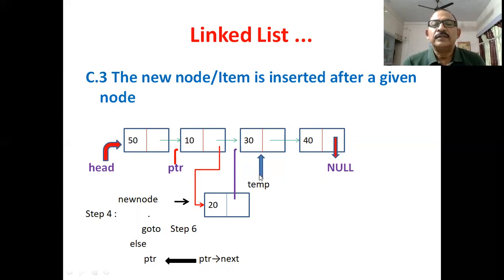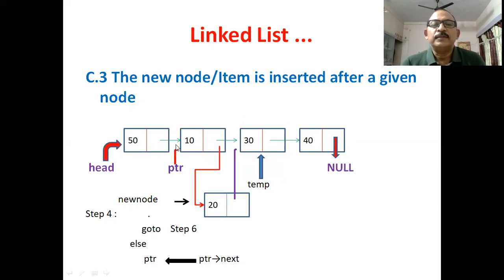We set temp is equal to PTR dot next, means temp points to this data. This is a new data. We allocated space for this new node, and this node is pointed to this memory space, and put the new item to this node. Okay. What are our steps?